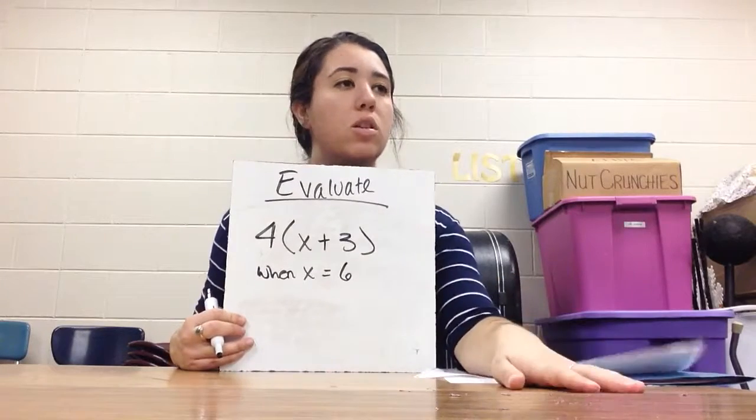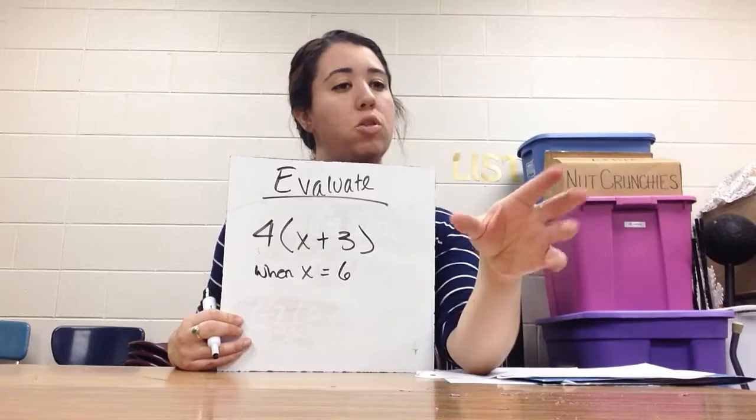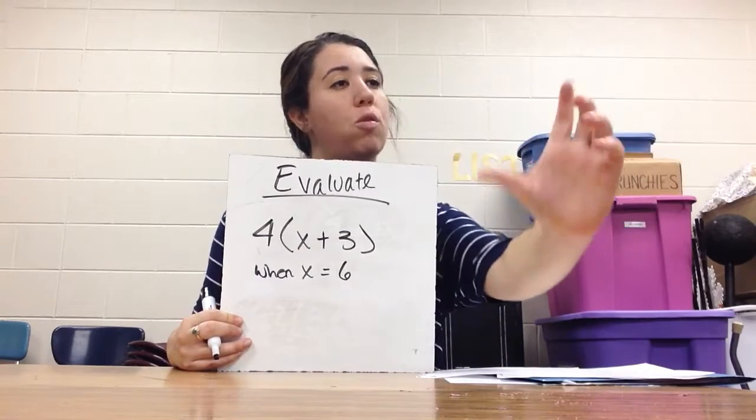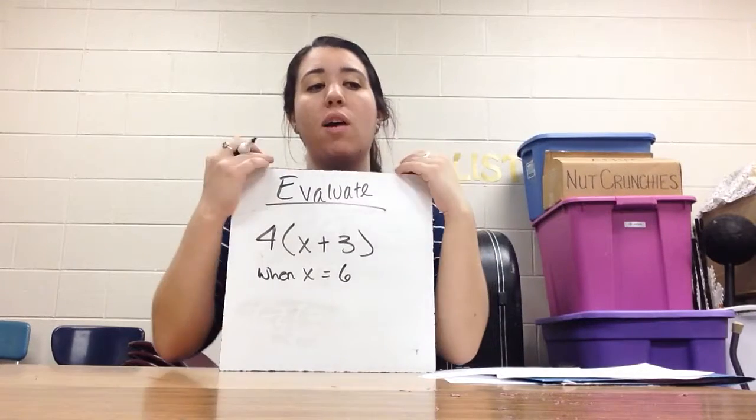Now, if we were going to do it this way, how would we distribute? Can you just, without ignoring the x, x equals 6, can you just use the distributive property to evaluate, simplify?